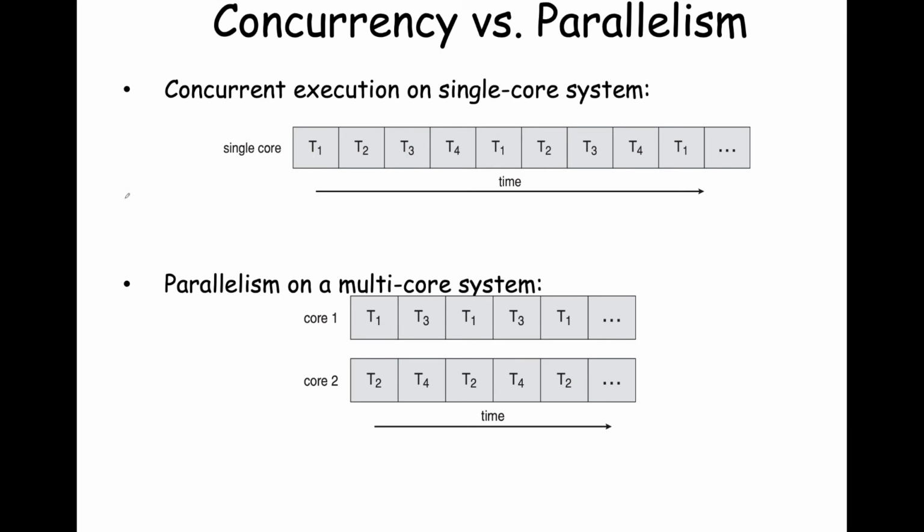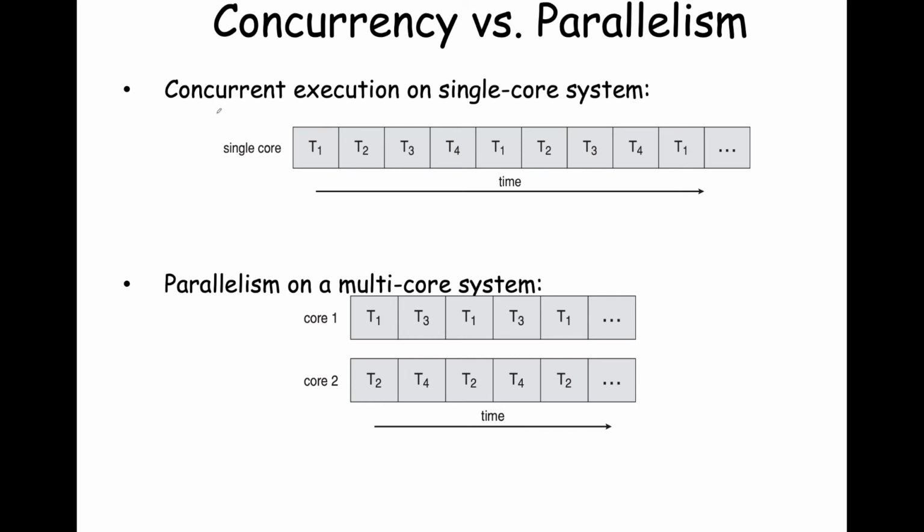And so here's an example of concurrency versus parallelism. In the top frame, and this is in the book, we have concurrent execution on a single core system. And so here we have 4 tasks, T1, T2, T3, and T4. And we're going to cycle between execution of each of these tasks, a little bit of time for T1, a little bit of time for T2, a little bit of time for T3, and likewise a little bit of time for T4.